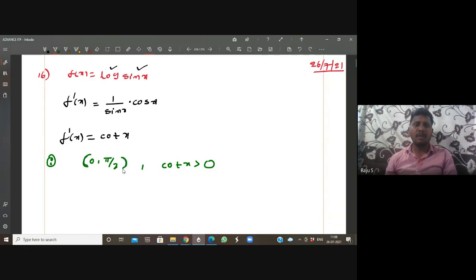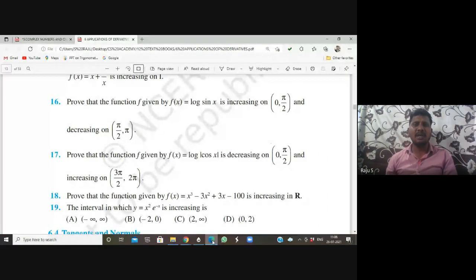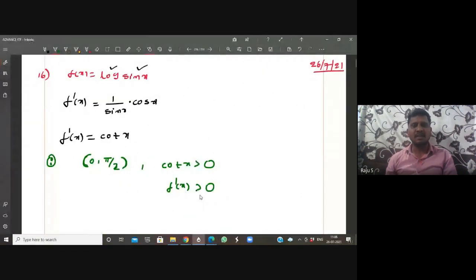So in the open interval 0 to pi by 2, cot x is greater than 0. Cot x is nothing but f dash of x. F dash of x is greater than 0. So whenever f dash of x is greater than 0, is it increasing or not? It is clearly strictly increasing. Nothing but always it is increasing.